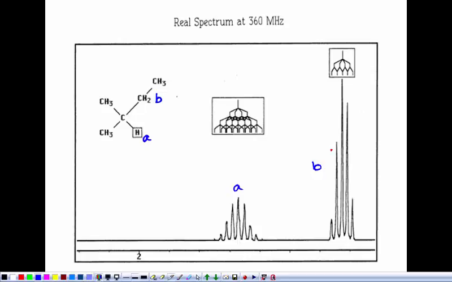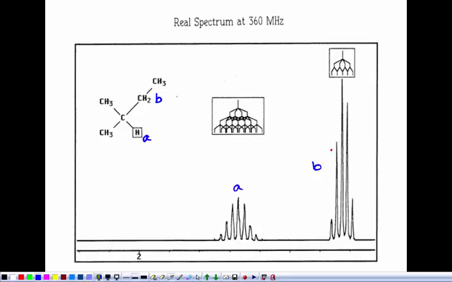So in this case, here's what happens. We'll start with isopentane. And these two peaks are the coupling patterns that you would predict, the CH and the CH2.